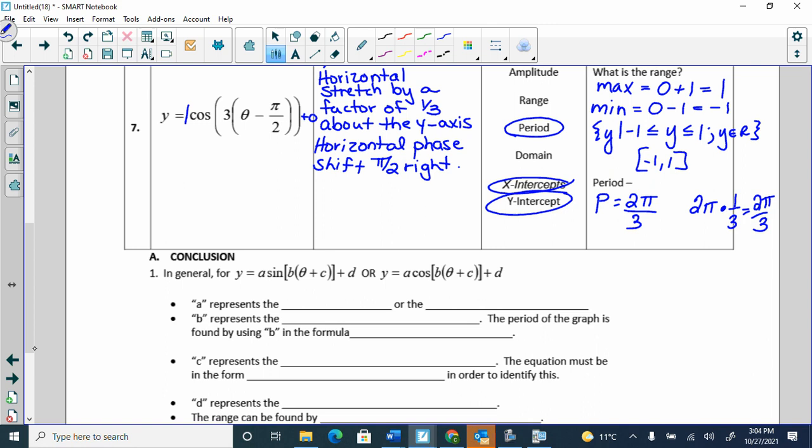So A represents the vertical stretch. Oh, keep up. Okay. Or the absolute value is the amplitude. B represents, well, it also represents a reflection technically. I'm just going to put it there. B never is negative, so B represents the horizontal stretch.